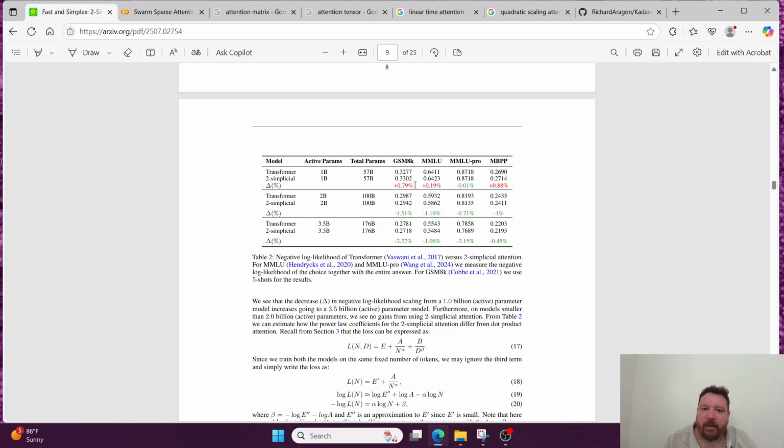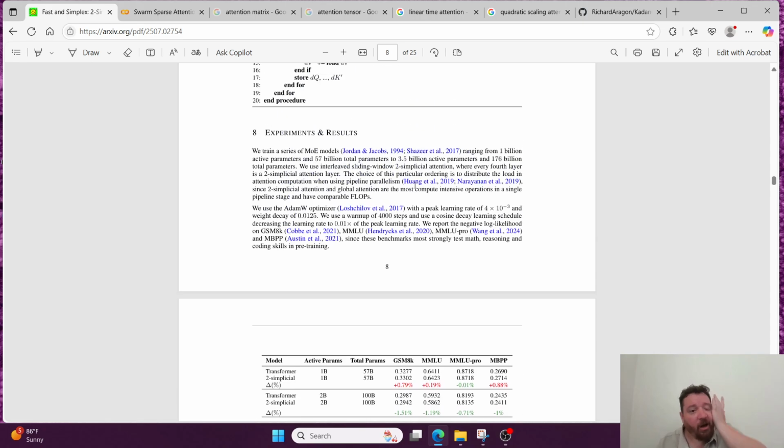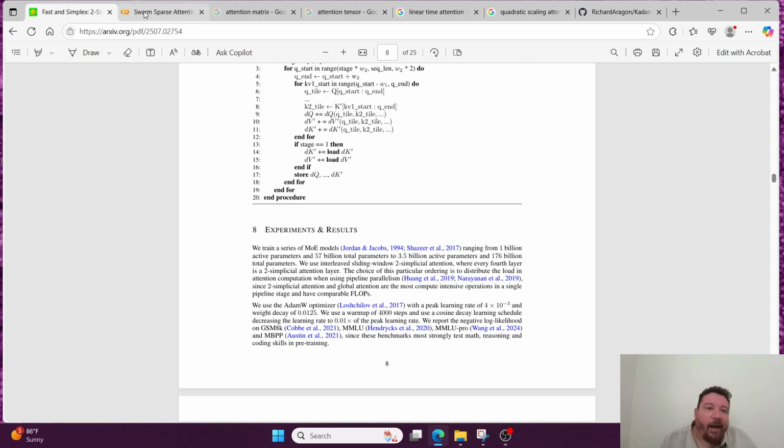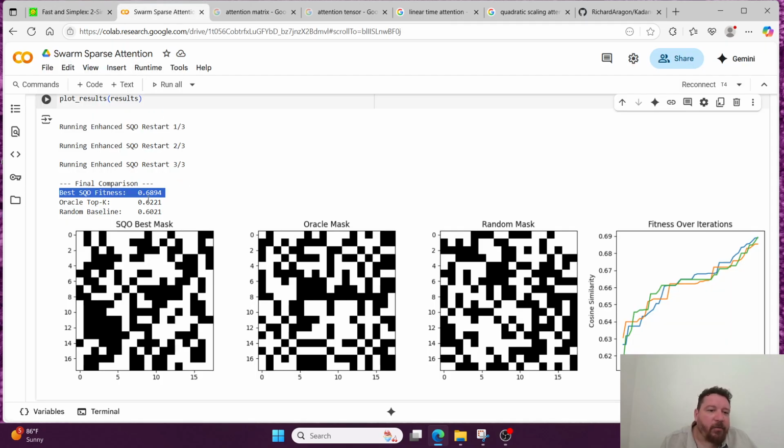I'm significantly beating their improvements on their benchmarks with their experiments and results. So out of the three methods, this is a far better method overall, and here are the benchmark results to prove it.